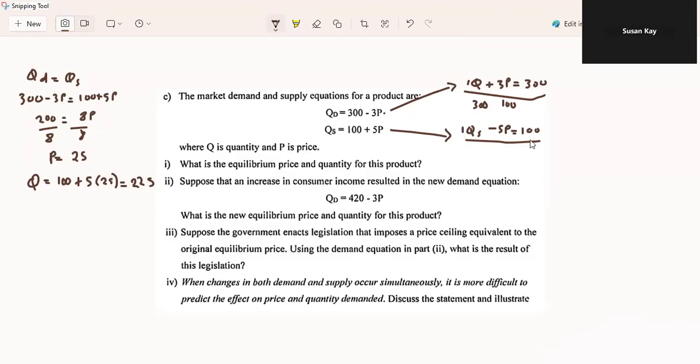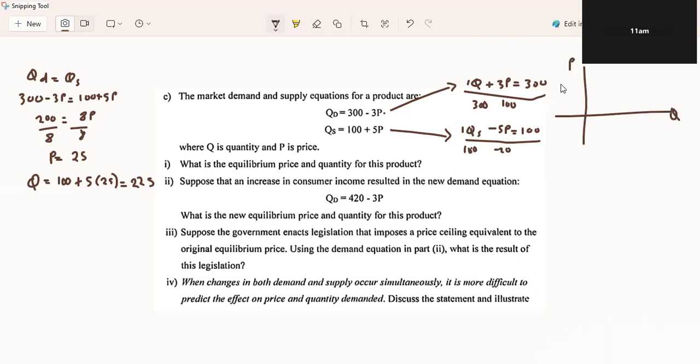So can I try? Yes. So in this equation you have written there is an invisible 1 in front of Q. So 1 into 100, that's 100. Then 100 into negative 5, that's negative 20. So when we are sketching, on the quantity it will be 100, then on the price it will be negative 20.